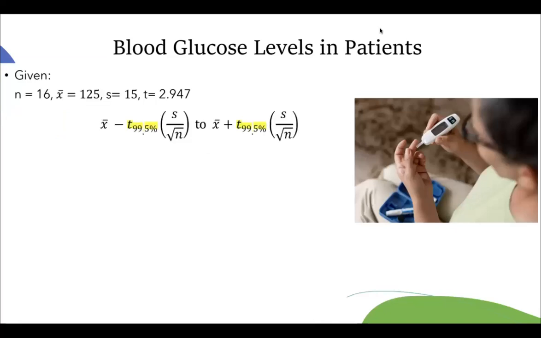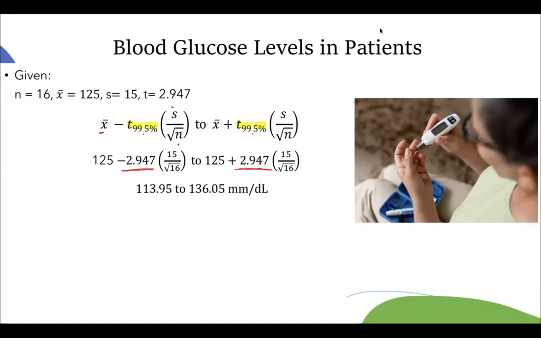So let's plug that t-score in along with the other numbers. 125 here, 15 here, and 16 for the square root of n. Okay, and putting in that new t-score is going to widen this confidence interval. So take a minute, pause, and put this in your calculator and ensure that you can also get the same answer, 113.95 to 136.05.